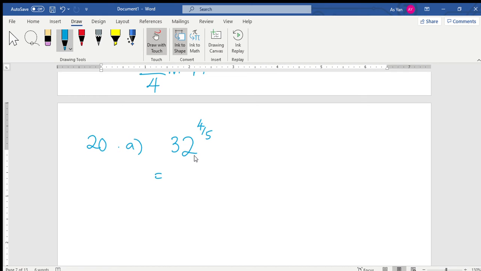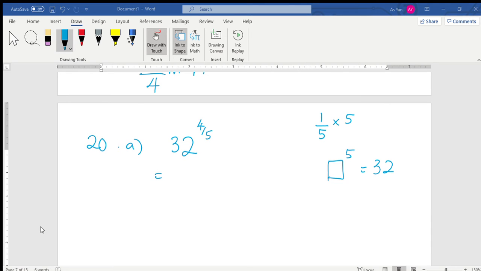One of the methods is to find the reciprocal of 1 over 5. The reciprocal of 1 over 5 is 5, so 1 over 5 times 5, we can cut off. So what is the base? That is to the power of 5 equals to 32. If we really don't know, we have to click the calculator.